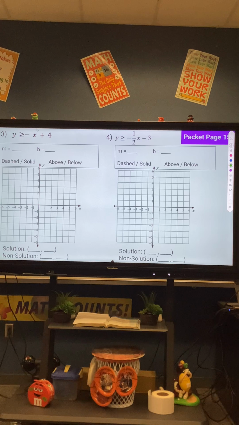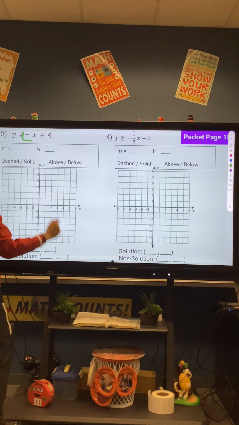For this one, we can work through the whole class and then do it again. What's my M value? Oh, hold on, wrong color.